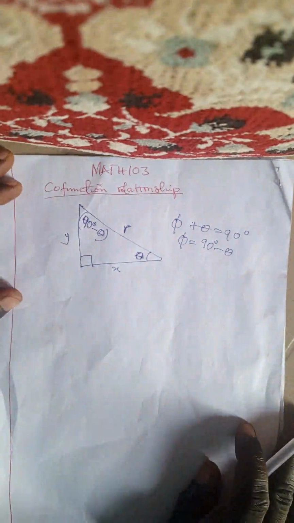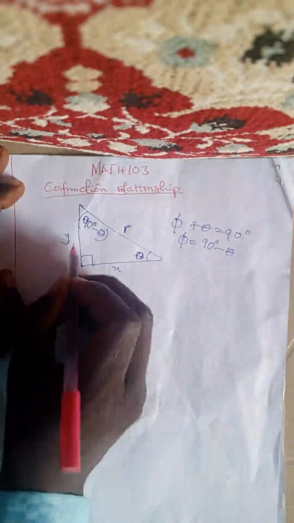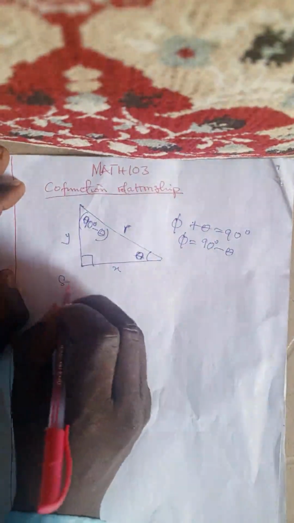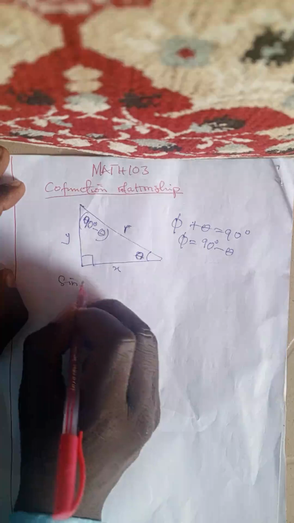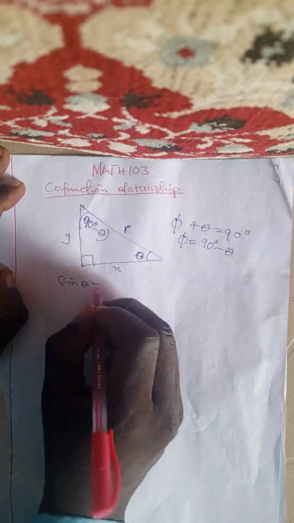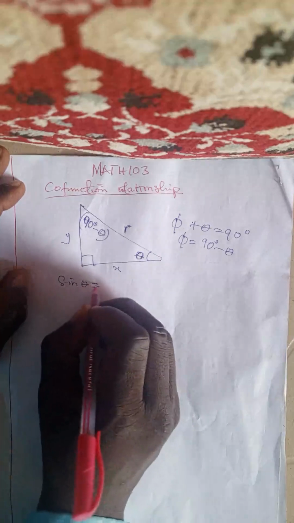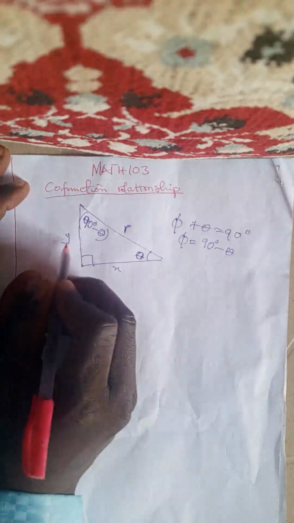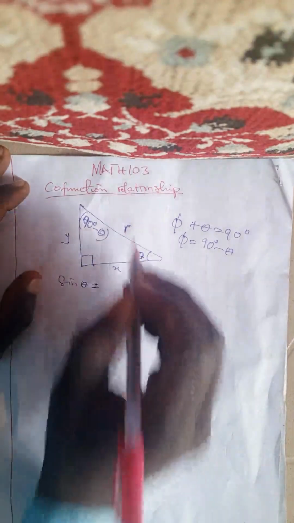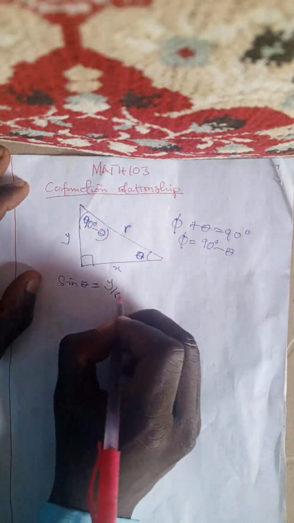Now, what is sine theta? Sine theta is going to be opposite over hypotenuse, that is y over r.